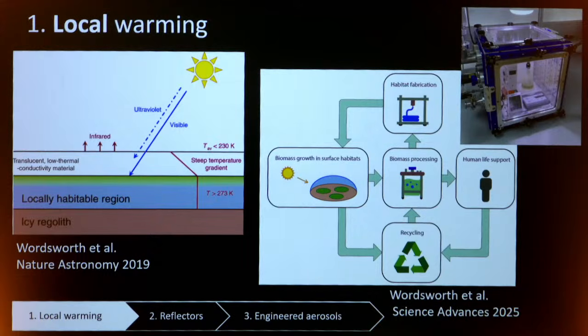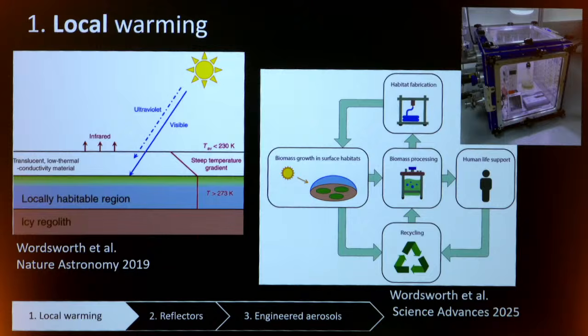More recently, in the last few months, the Wordsworth group has proposed and prototyped a bioplastic habitat for algae. So the advantage of having a habitat that is made of bioplastic is shown in the flowchart on the right. Basically, the algae that grow in the habitat can be used to make more bioplastic.